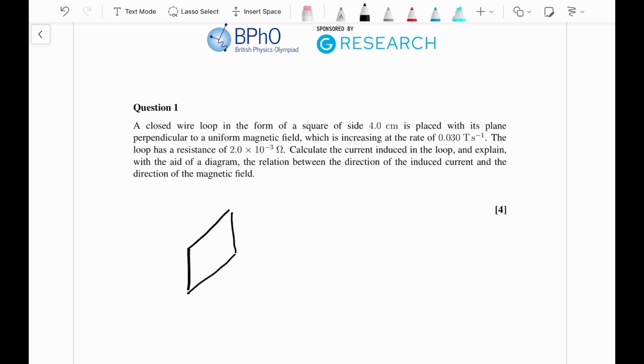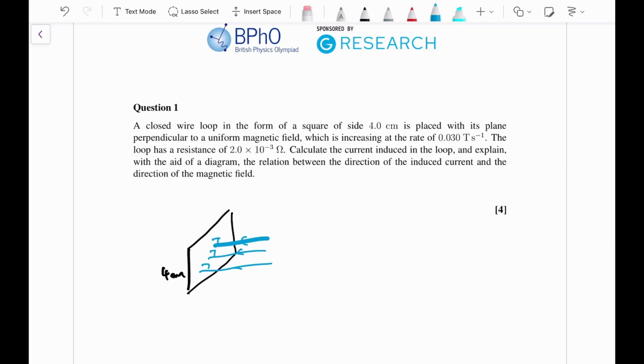This will be a plane with side length 4. I'm going to write it over here, so 4 centimeters, and then essentially it's perpendicular to a uniform magnetic field, so something like this, and then right angles.